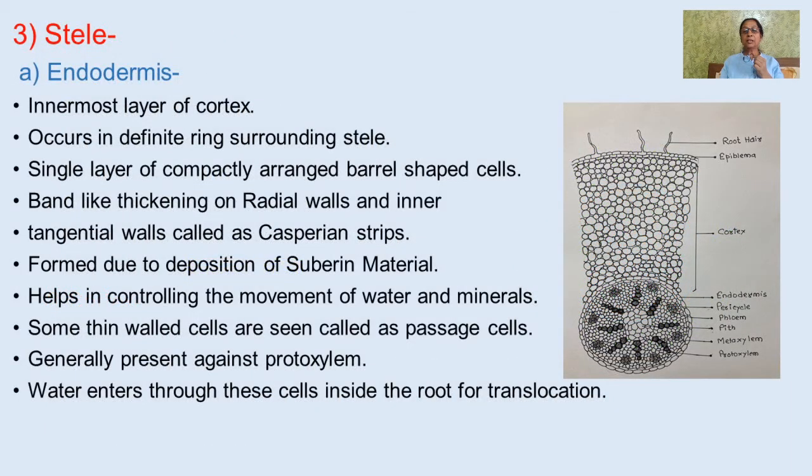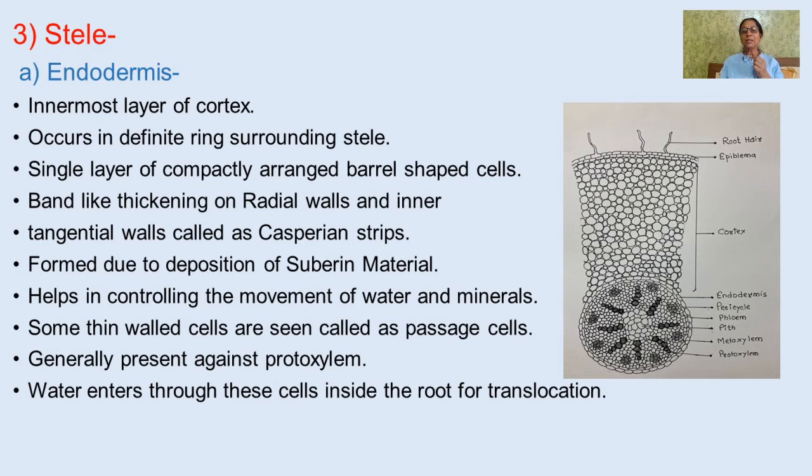we will see the stele. The stele is the central portion of the root, which consists of the endodermis, the outermost layer. In this figure, I have shown you the detailed cellular structure of the monocot root. You can see the endodermis is the outermost layer in the stellar portion, and it is present inner to the cortical region. It consists of barrel shaped cells, and they have radial thickenings.